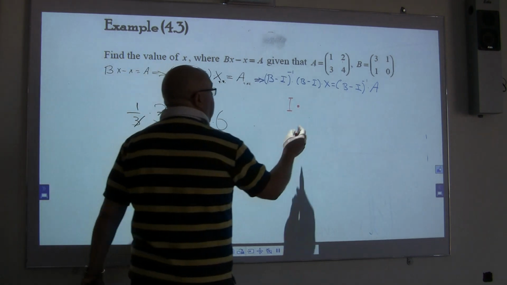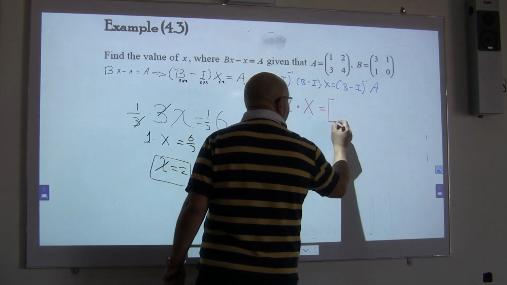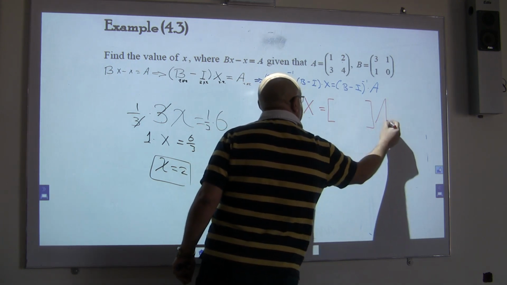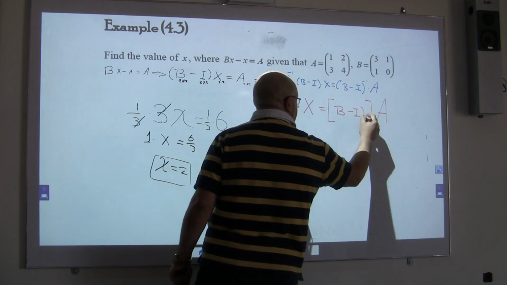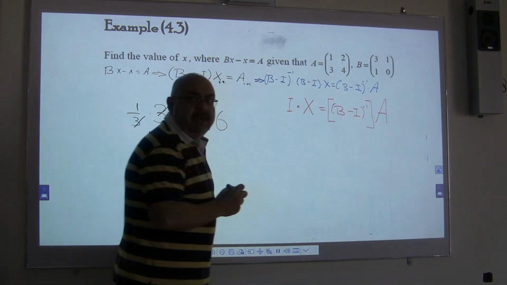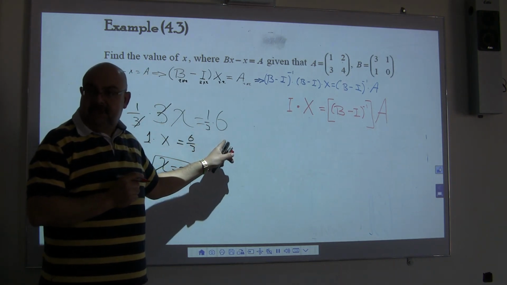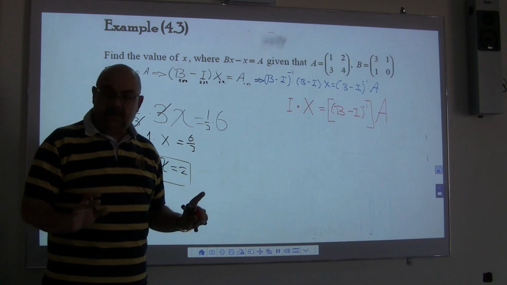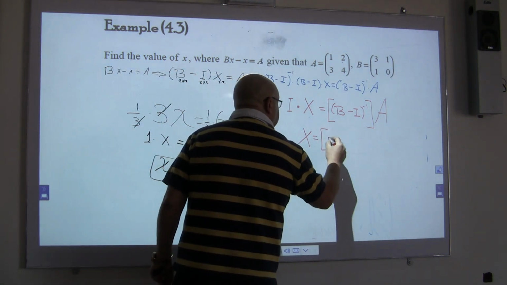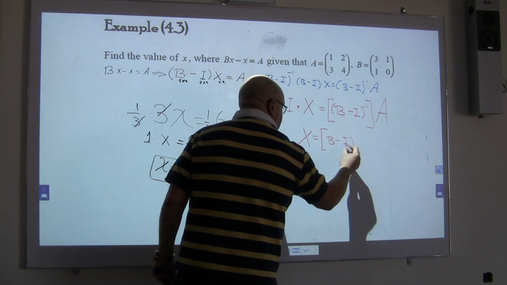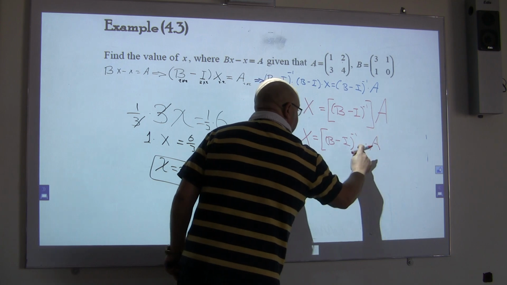The 1 will be times the X matrix, and on the other side, you have 2 matrices multiplied together, which is B minus I to the power of -1 times A. Exactly like I did 1/3 times 6. It's exactly in a similar manner. So finally, I will have X equal to B minus I to the power of -1 times the A matrix.